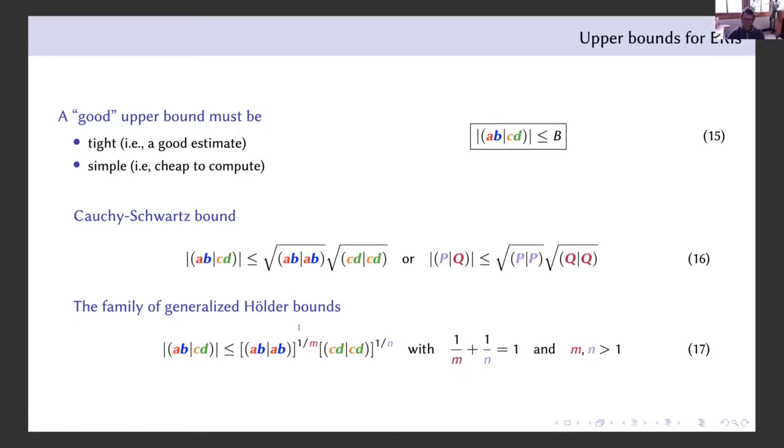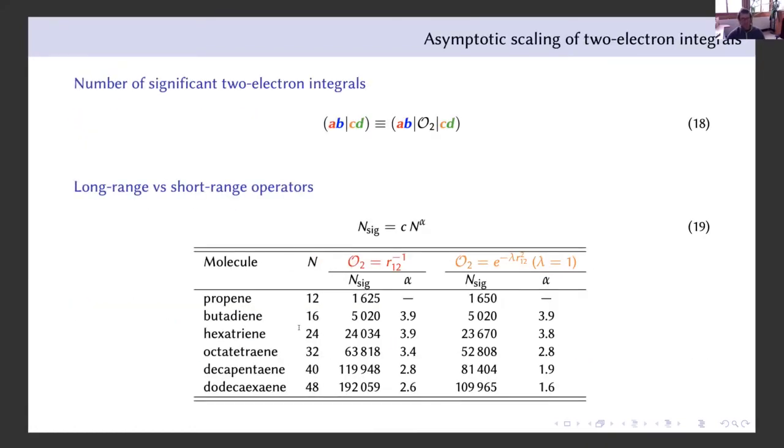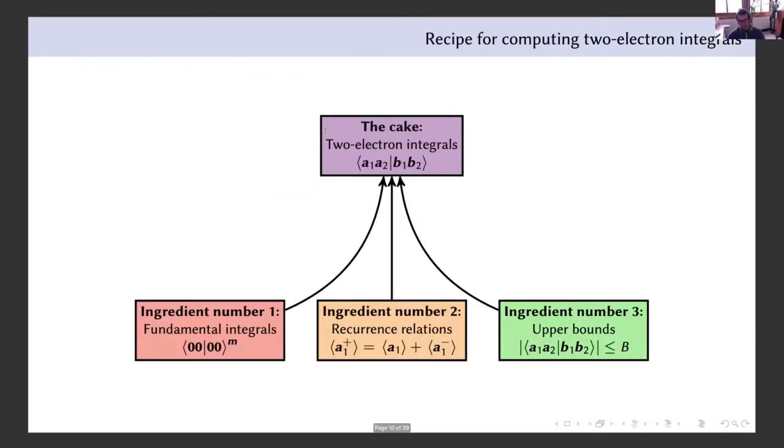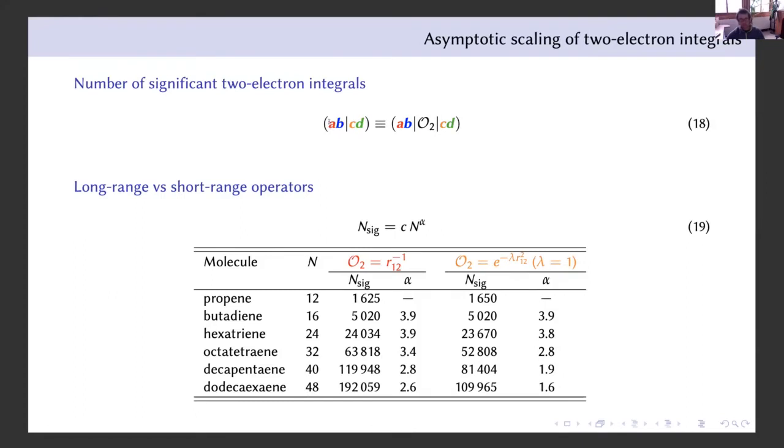All right. So I'm going to give you numbers. Remember that when we write this integral (ab|cd), in between we have a two-electron operator. Most of the time it is 1 over r12, the Coulomb operator, which is the distance between r1 and r2 in absolute value.